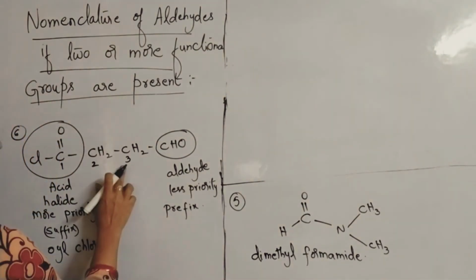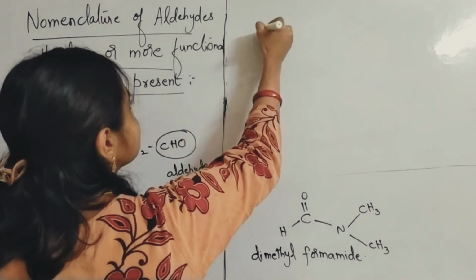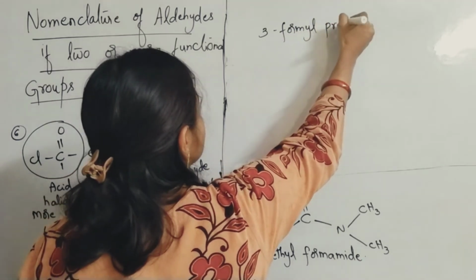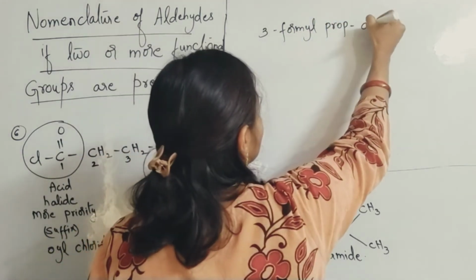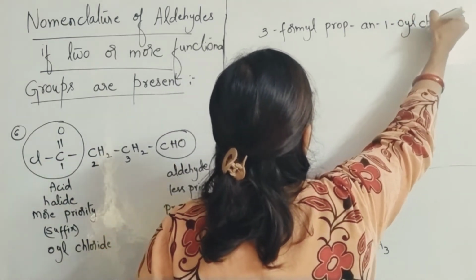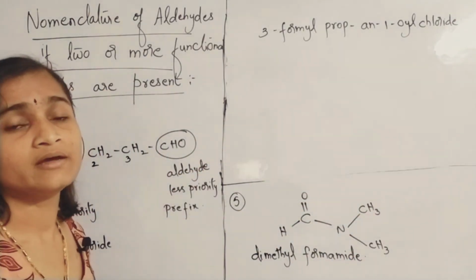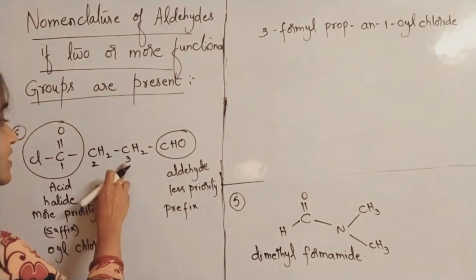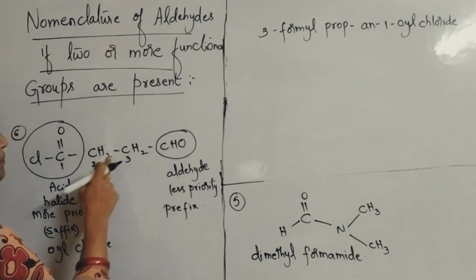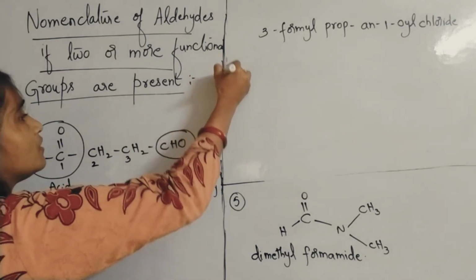Okay, so what will be the name of this compound? 3 formyl. Prop is the root word, an is the primary suffix, 1 oyl. Here halogen is chlorine, so oyl chloride. Propan 1 oyl chloride. Now 3 formyl. For the third carbon, formyl is attached. 3 formyl propan 1 oyl chloride is the name of this compound.